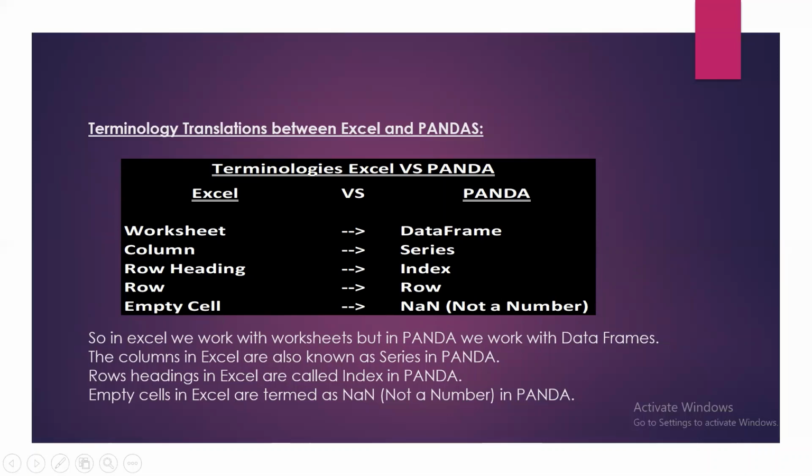So this means that in Excel, we work with a spreadsheet, but in Pandas, we work with data frames. The columns in Excel are also known as series in Pandas. Row headings in Excel are called index in Pandas, and empty cells are NaN, not a number, in Pandas.